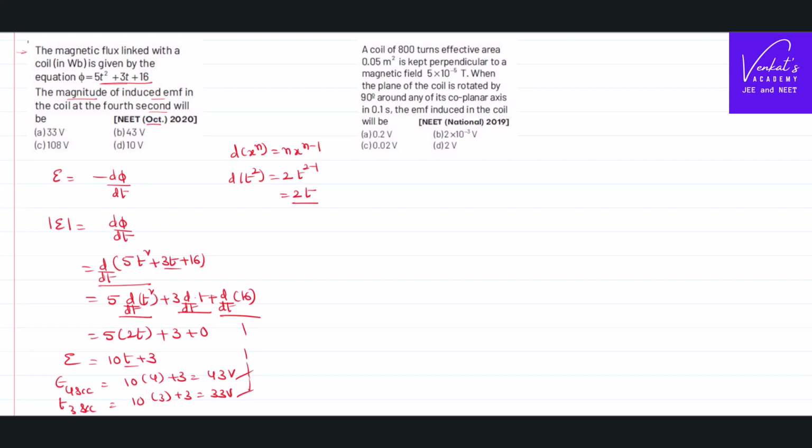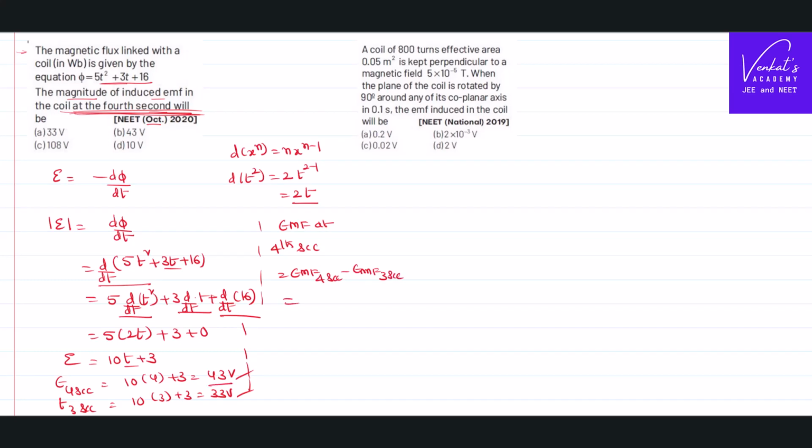But he wants the induced EMF in the 4th second, at that particular second. So we can write the induced EMF at the 4th second as the total EMF generated in 4 seconds minus the EMF developed in 3 seconds.